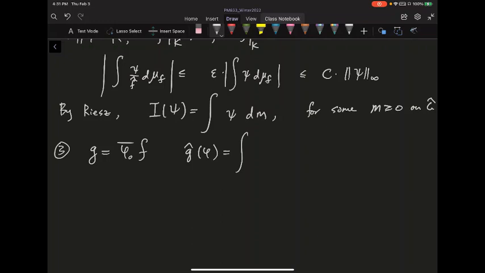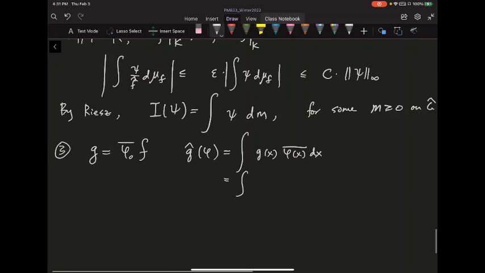This is just the integral of g(x) φ(x) conjugate dx. And because you have another copy of φ₀, this is f(x), you can think about this φ₀ multiplied by φ, that character, evaluate f(x) conjugate. So this is essentially just the f̂ evaluated at φ₀φ. So this is the left translation by this φ₀.